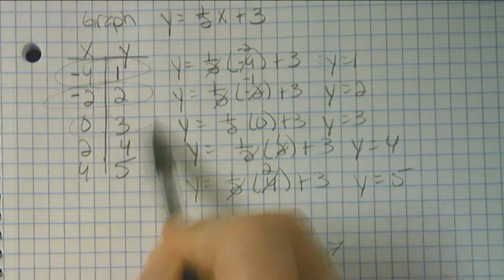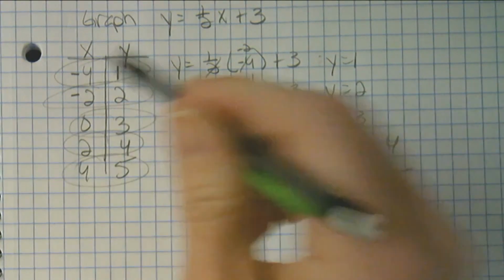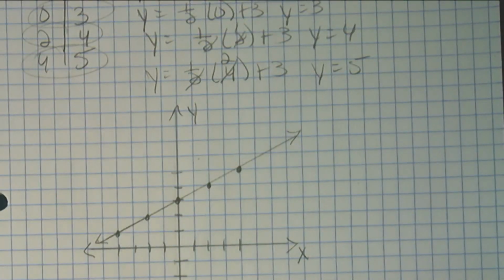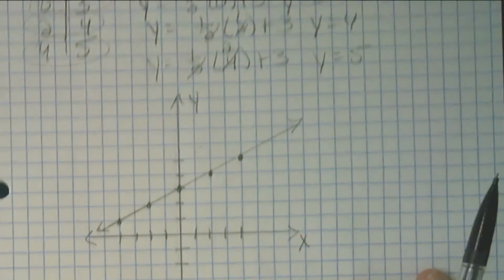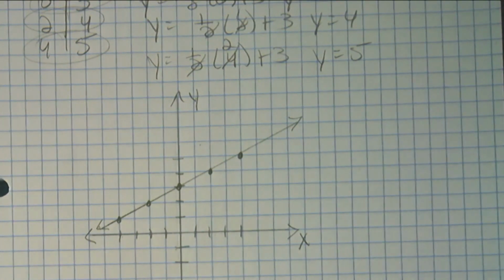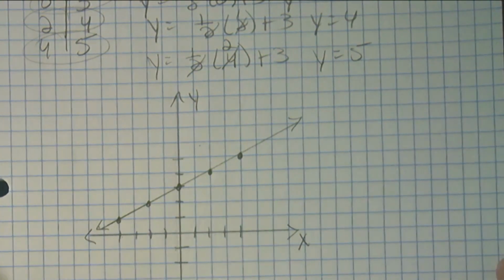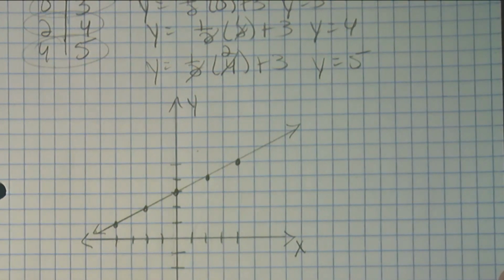These are all individual coordinate points on my table that I am now graphing on my graph. Do you understand? So negative 4 means I'm going to the left 4 places on my x-axis. 1 means I'm going up 1 on my y. Questions on this at all, please ask.